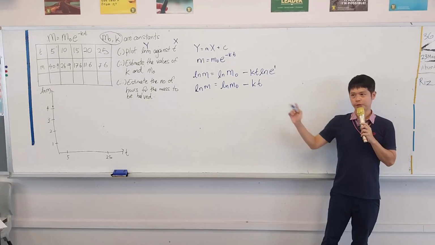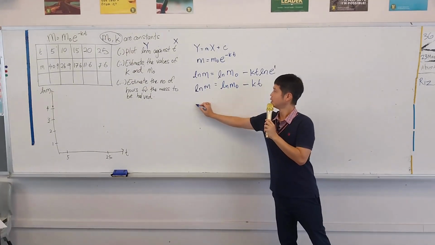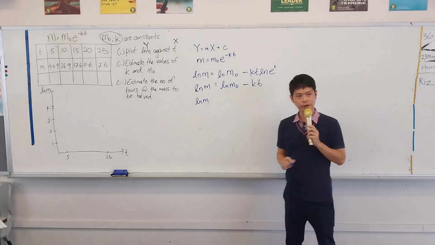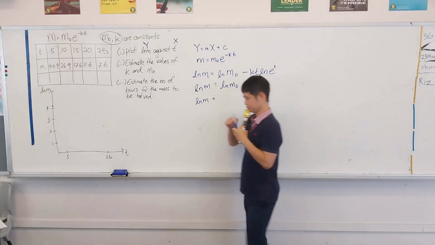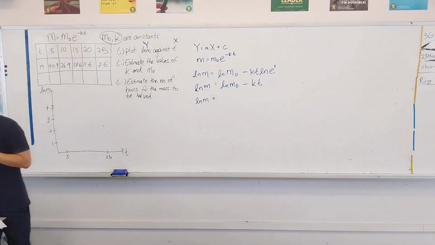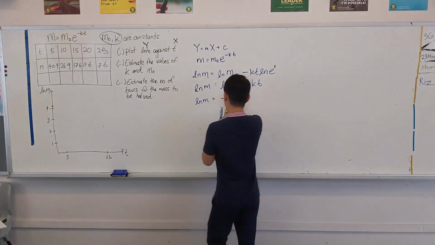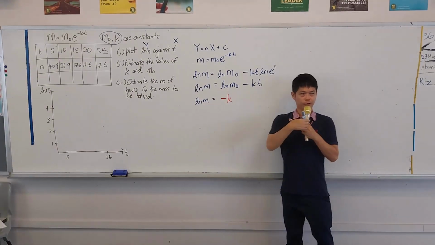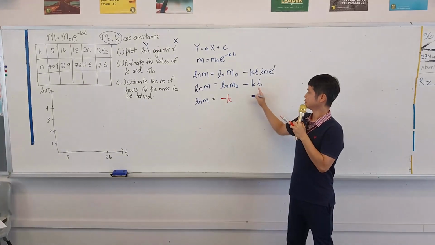Now be very clear which is your capital Y, which is your capital X, which is your gradient, which is your y-intercept. So which one is which? Your ln m is your y, right? Where is your gradient? This one is very important. Your gradient is negative k. Where is your x-axis?